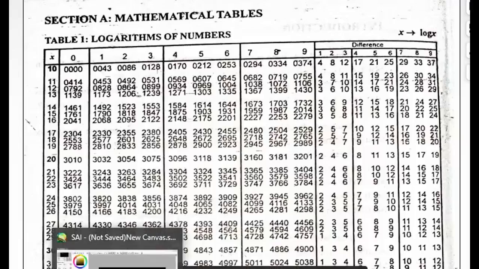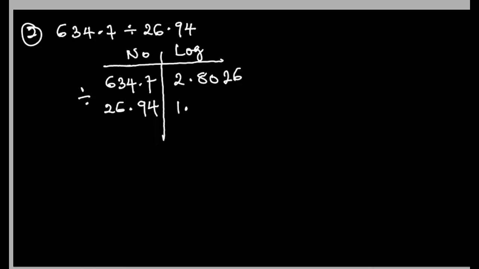So we have it to be 4, 3, 0, 5. In this case, since we are dividing, we subtract.